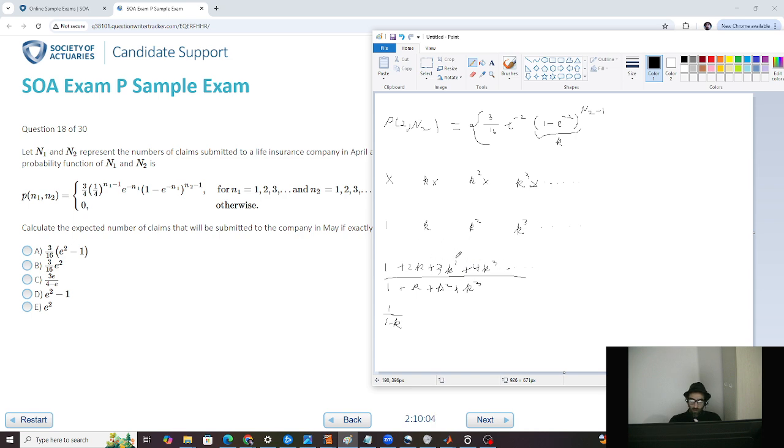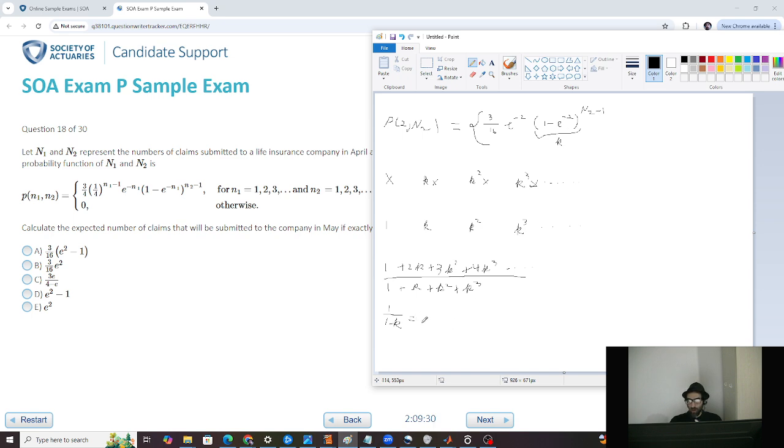This up here is going to be... and I guess 1 minus, okay, wait a minute. 1 minus k is going to be e to the negative 2.